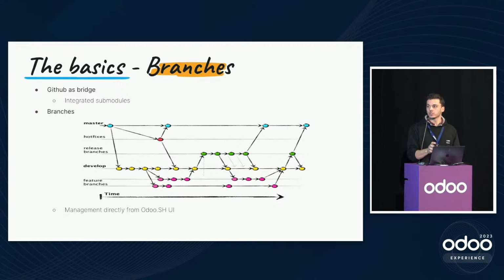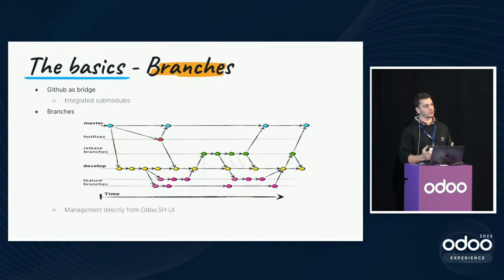Here with branches, you can go into a reality that's up to you and you are mostly alone on it. People can also work on it, but you can create your features, do some development, and make some changes.